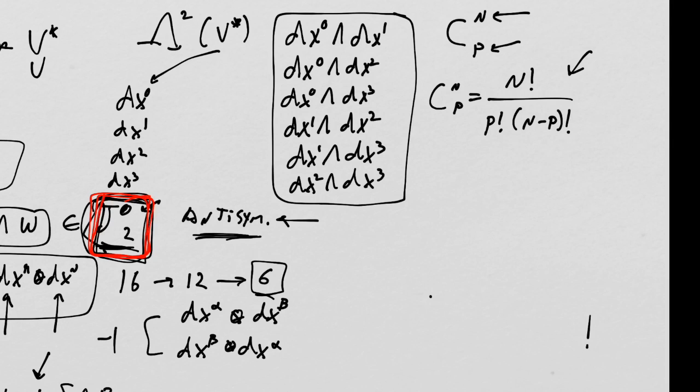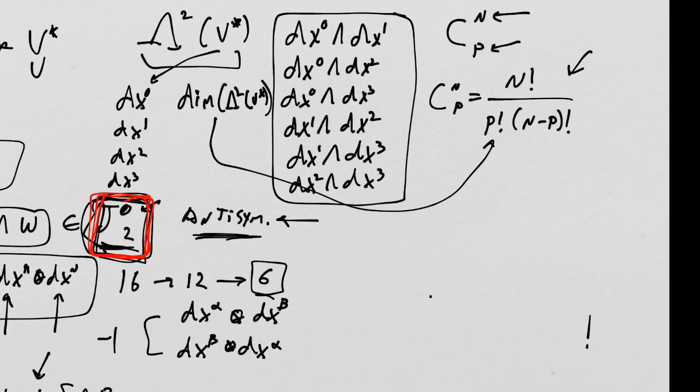So the dimensionality of the second exterior power of V star, that's a number, and that number is going to be C(4,2), where the 4 is the dimensionality of the underlying vector space, which in this case is the dual space of V, and 2 is the n, right? We're talking about n forms.